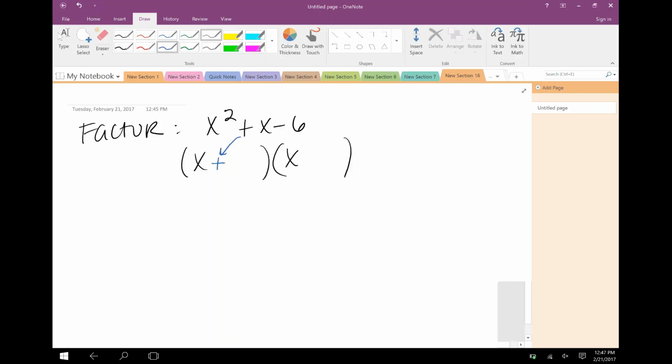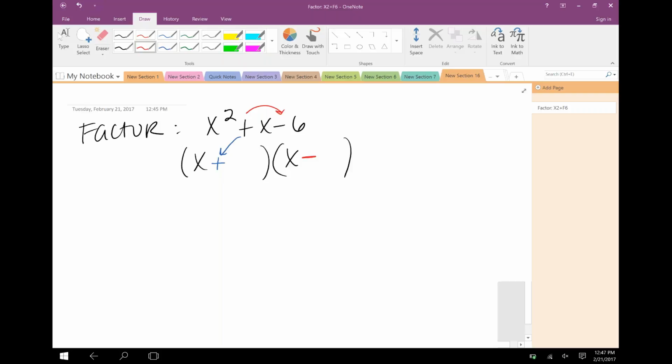Then the second sign is going to be when you multiply these two. Positive times negative is negative. So this is going to be negative. So again, we dropped the first sign and then multiplied the signs together to get the next sign.